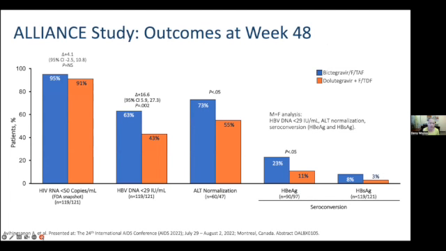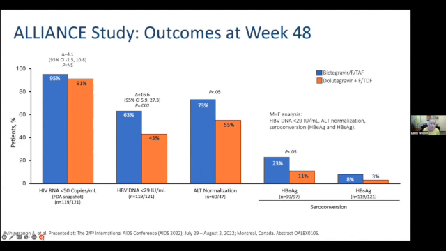The BIC FTC TAF group is in blue and the dolutegravir FTC TDF group is in orange. What was more impressive was the improved outcomes with respect to hepatitis B and liver tests that we saw with the TAF-containing regimen compared to the TDF.